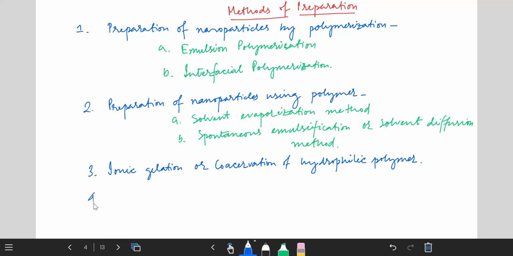And the last one is supercritical fluid technology.